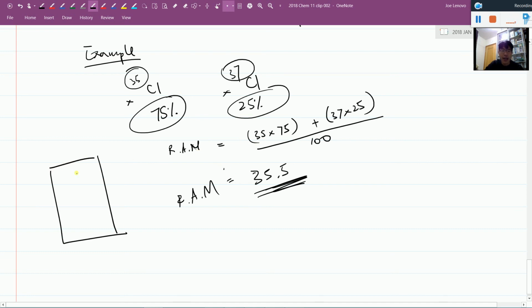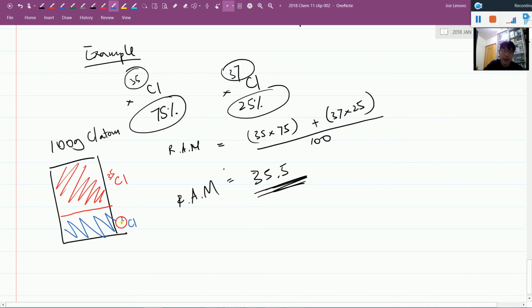Let's try to draw a diagram to make sense of this formula. Let's say you have 100 grams of chlorine atoms. If you were able to collect all the chlorine atoms, you would realize 75% of them would be chlorine-35, and 1/4, meaning 25%, is chlorine-37.